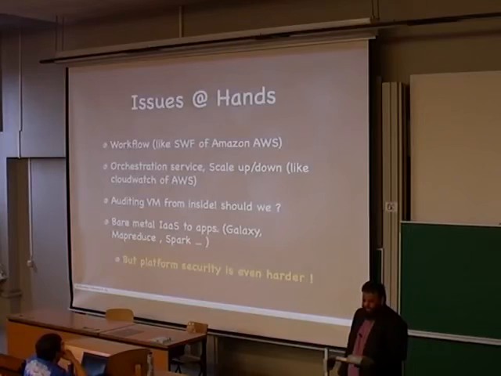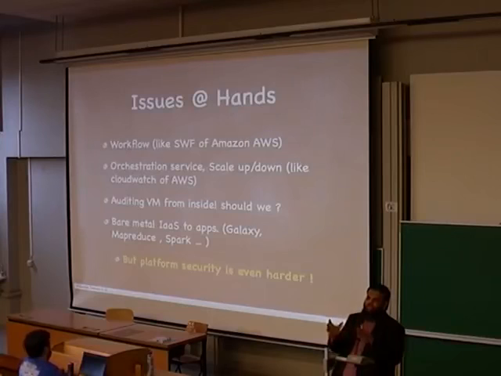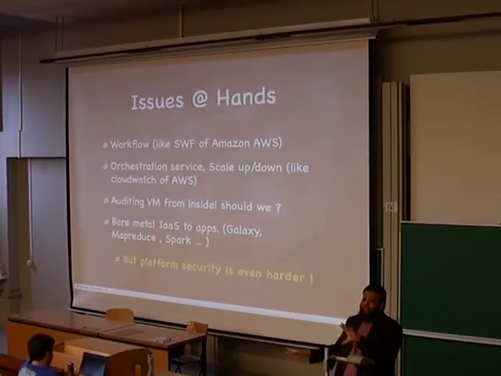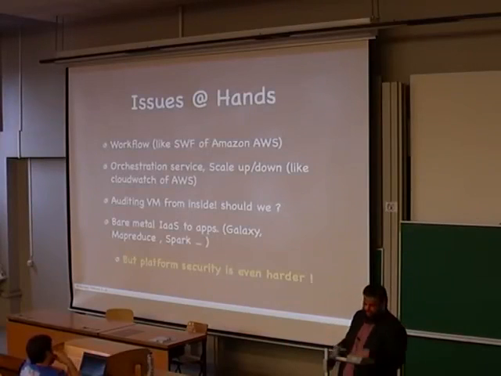Furthermore, when we talk about these platform things, platform security is even harder than infrastructure security. For example, how do you check whether a user accessing a particular database should be able to access this file system or not? In infrastructure as a service it is very easy to get a list of processes.